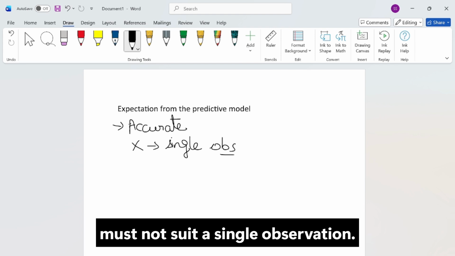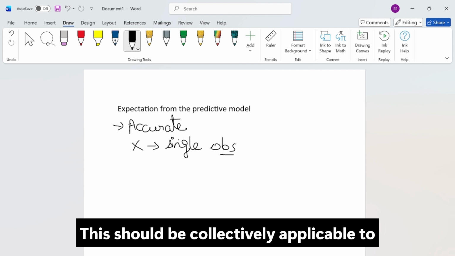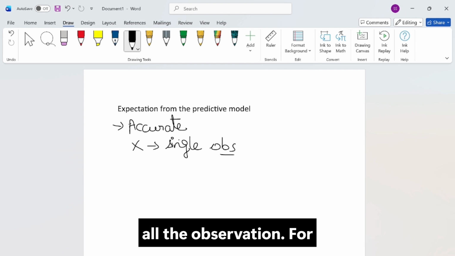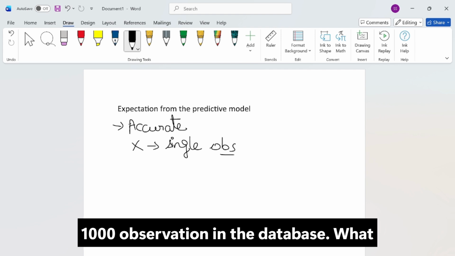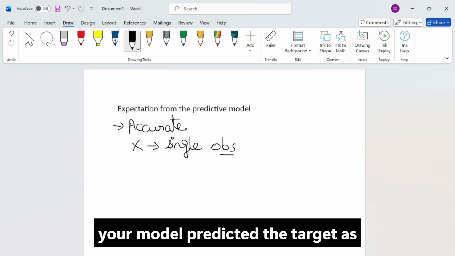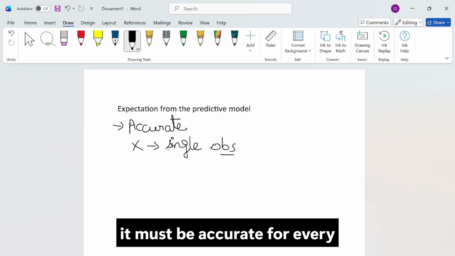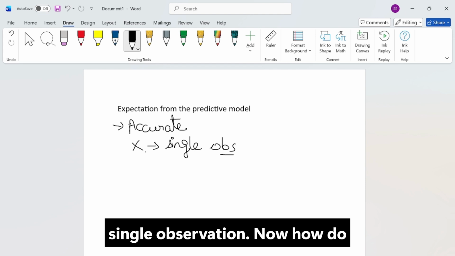This accuracy must not suit just a single observation. It should be collectively applicable to all the observations. For example, if there are 10 observations or 1000 observations in the database, what your model predicted as the target must be accurate for every single observation.